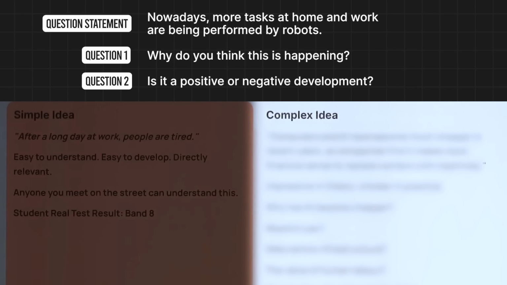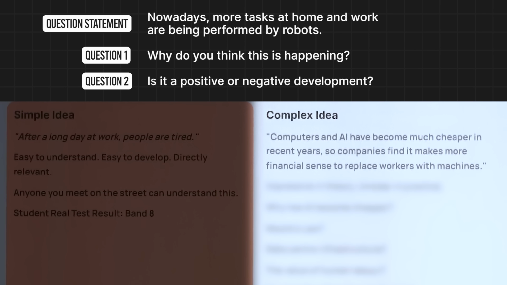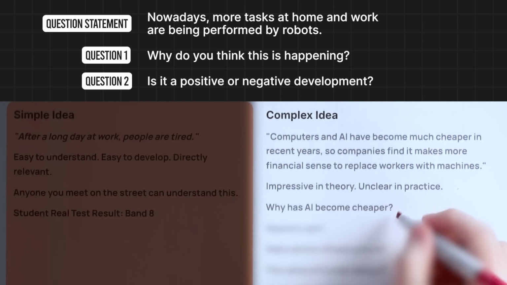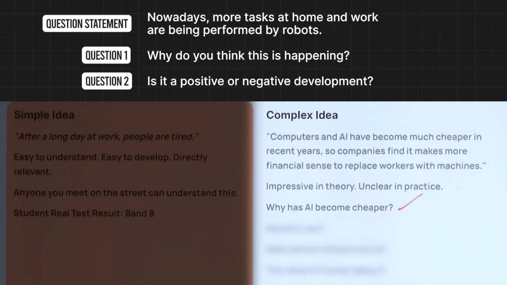But if you said something like this: computers and AI have become much cheaper in recent years, so companies find it makes more financial sense to replace workers with machines. So could you walk up to the average person on the street and would they understand that completely? Well, they might ask you, why has AI become cheaper? Most people are not AI experts. Would you need to explain Moore's law to them?